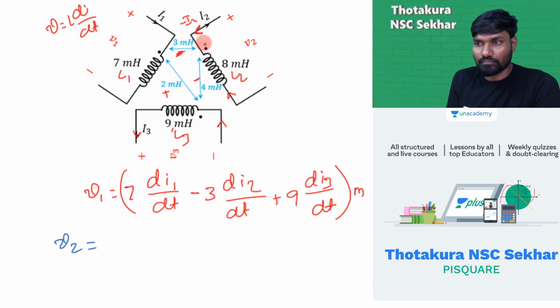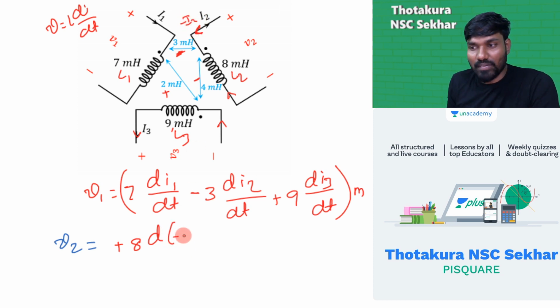No problem. So V2 is equal to, with respect to this current entering, that's a positive one, that's fine. So plus L2, that is 8, into dI2. This is not I2 actually, it is minus I2, so dI2 is d of minus I2 by dt.